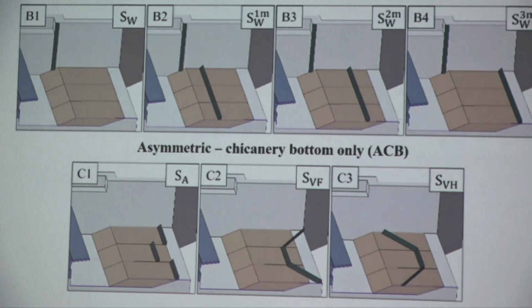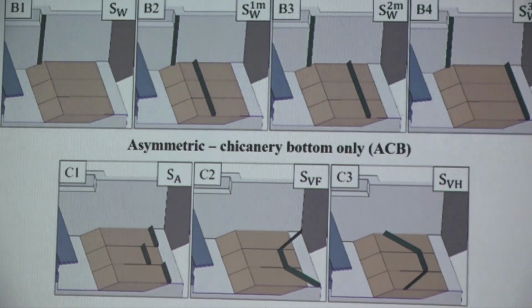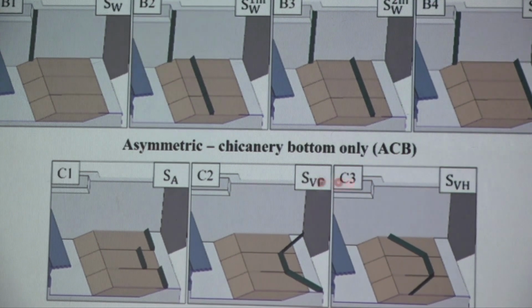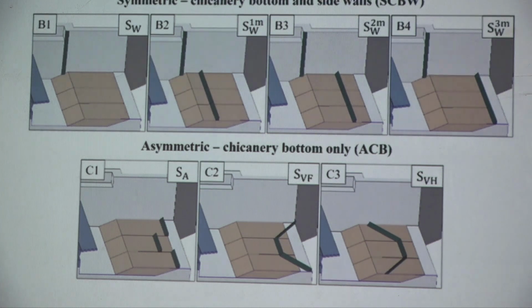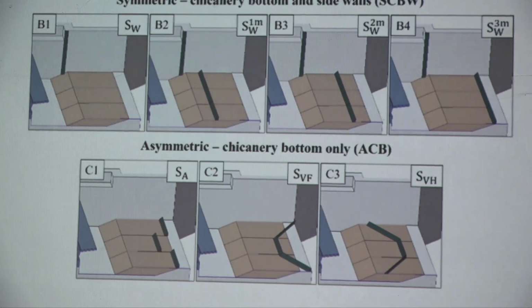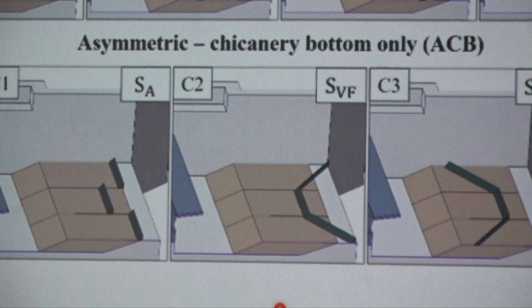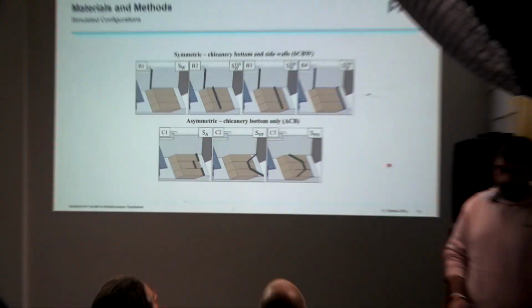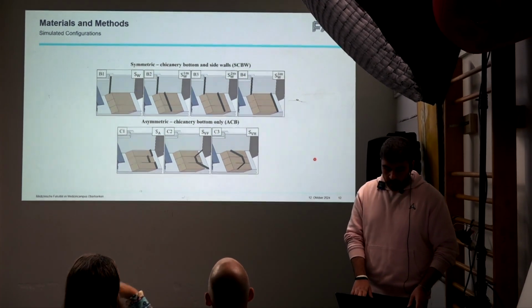We also ran simulations with asymmetric configurations, so for example by installing additional chicaneries at the side wall, which you can see here at the top, or positioned them at different positions on the inlay or in different V-shapes to the front or the back. So we have a total of 15 configurations.